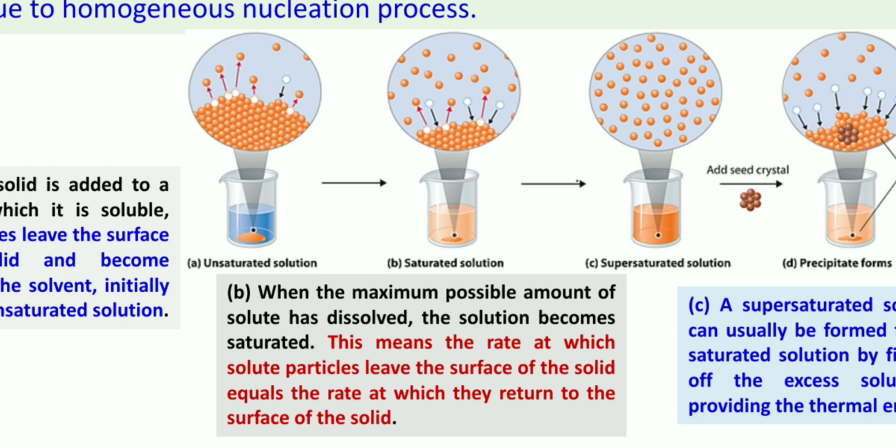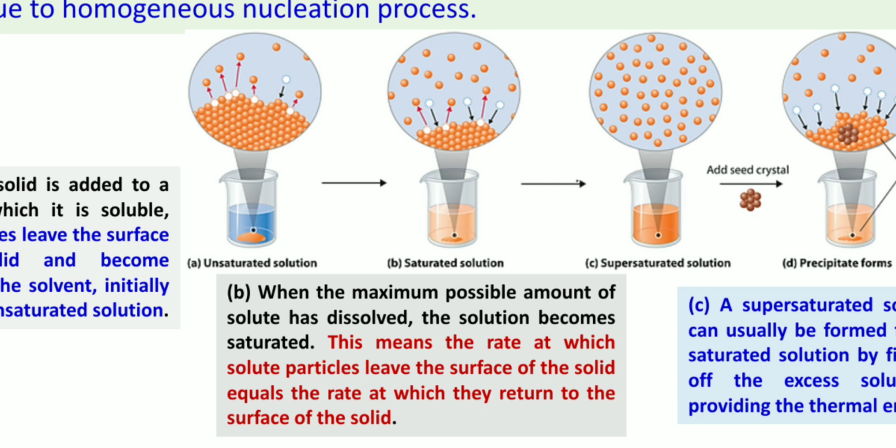When the maximum possible amount of solute has dissolved, the solution becomes saturated. Above that, unless we supply additional energy in the form of heat or some kind of mechanical energy, it is not going to dissolve.